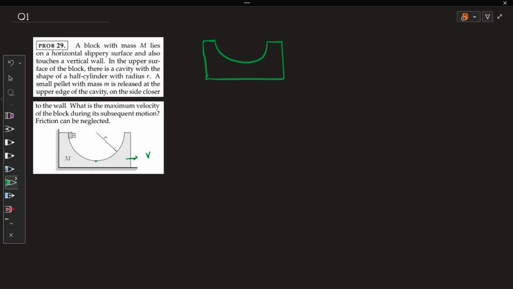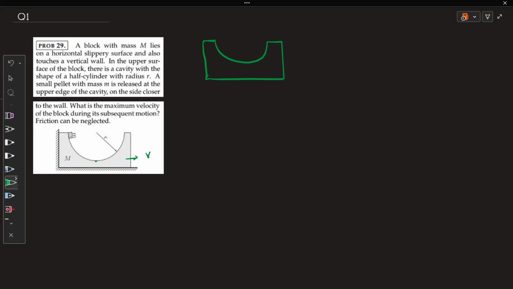You may think of this other position too, but there is a minimum amount of potential energy and some amount of kinetic energy, and that kinetic energy is shared between these two. So anyway, the more velocity will be attained at this position.